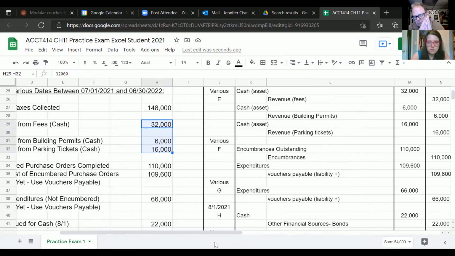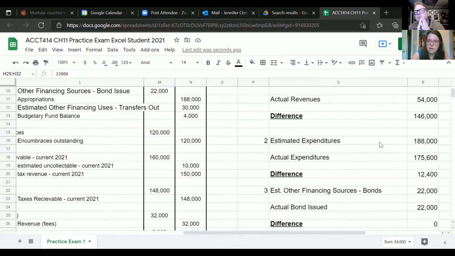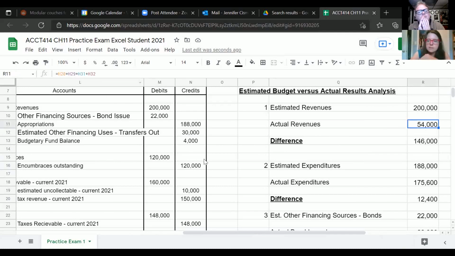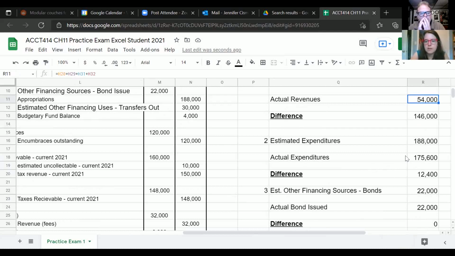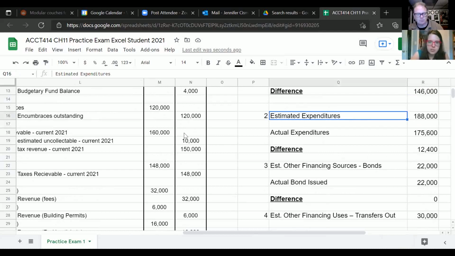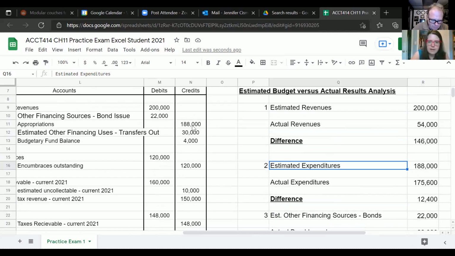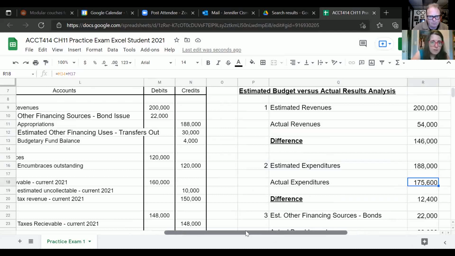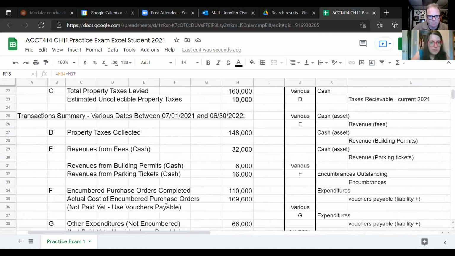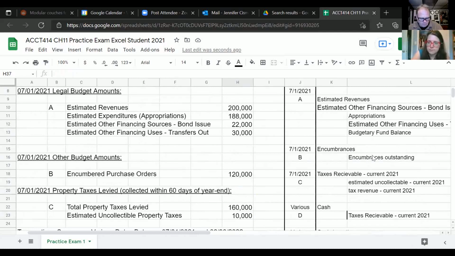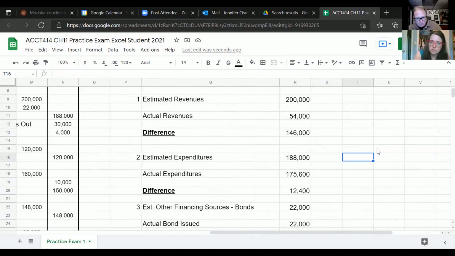Okay, so I can fix that. I don't know why that's coming up. I'll figure that out. And then for estimated expenditures, it was the 188,000 from appropriations. And then the actual expenditures was, let's see, the encumbered purchase orders completed and 37.